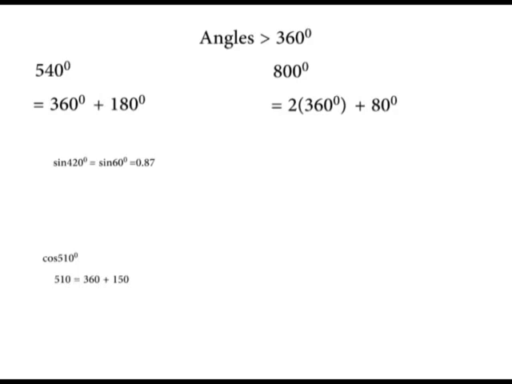This is in the second quadrant. The acute angle equivalent is given by 180 minus 150, and that is 30 degrees. We find cos 30, that is 0.5. In this quadrant, cosine is negative, and so cos 510 is equal to negative cos 30, and that is equal to negative 0.5.